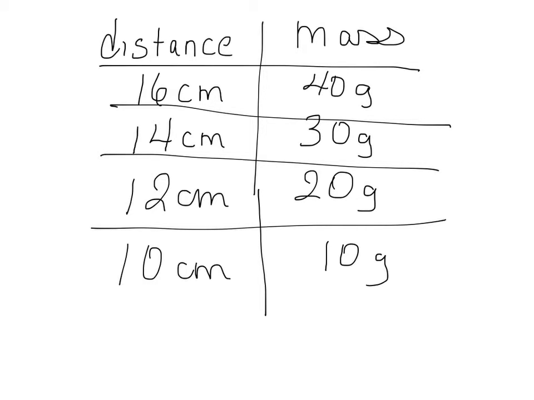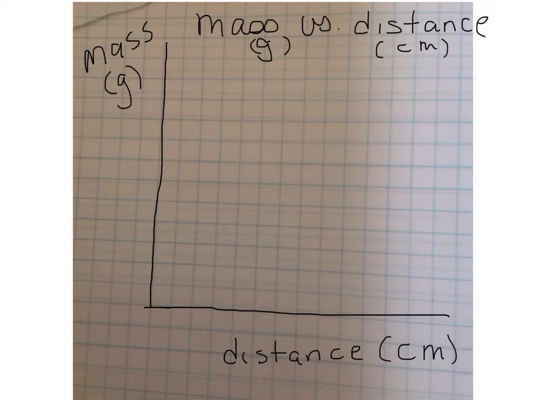Now, as I changed the distance in my spaghetti lab, the mass changed. So my distance will be my x-axis, and my mass will be my y-axis. So, let's divide up our scale. The scale between the numbers has to be the same.